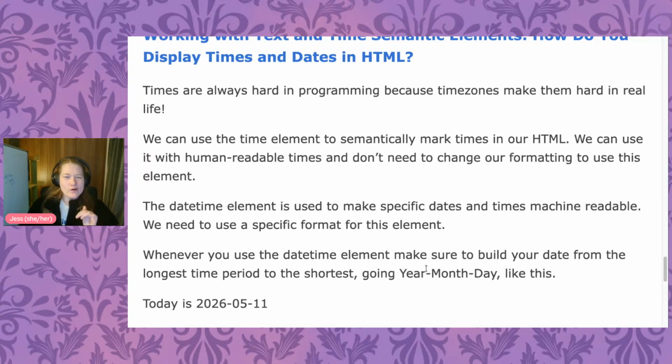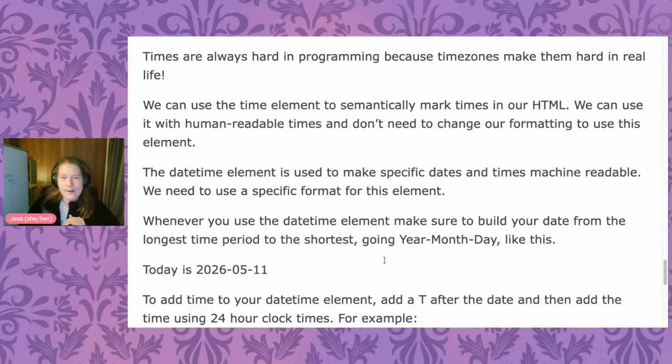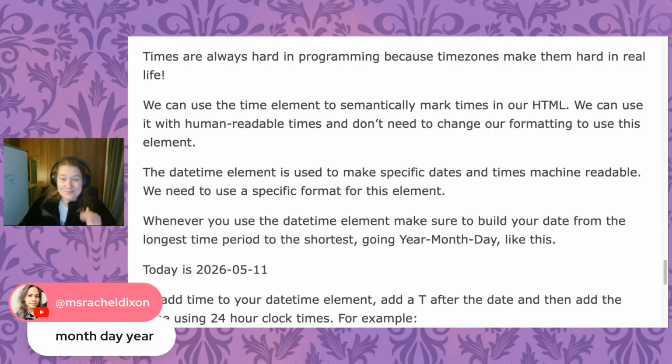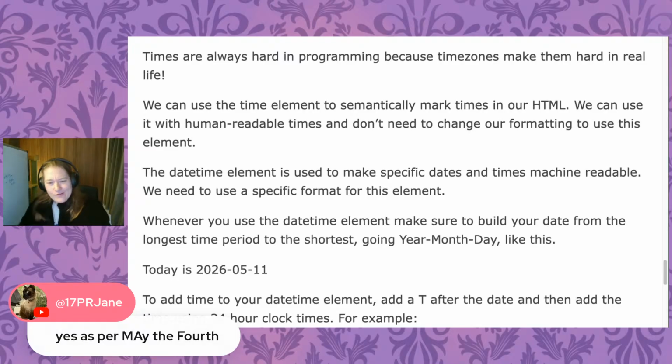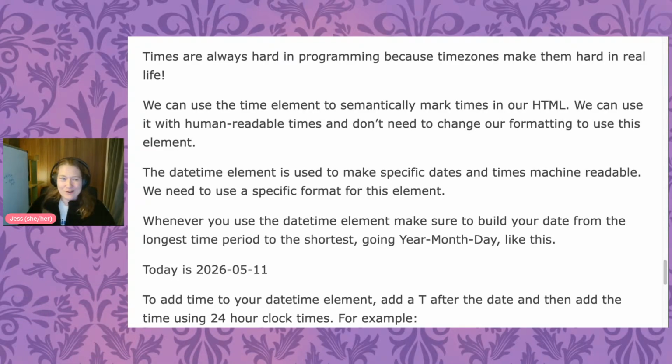But when we're writing the date time element, we're going to be writing this with a different convention. Miss Rachel's backing me up, saying that genuinely in the States, it's month, day, year, like May the 4th. Sorry, I've been gone a long time, y'all.